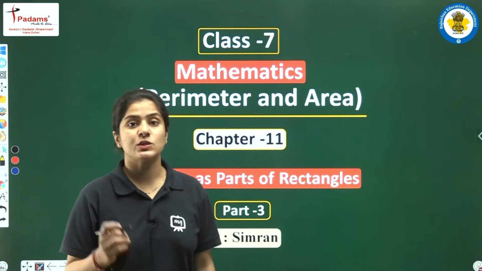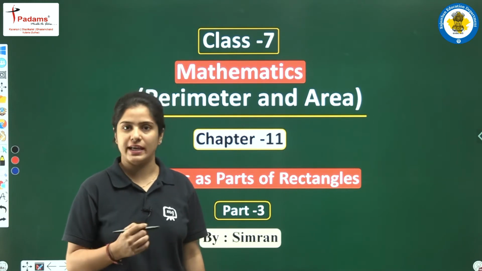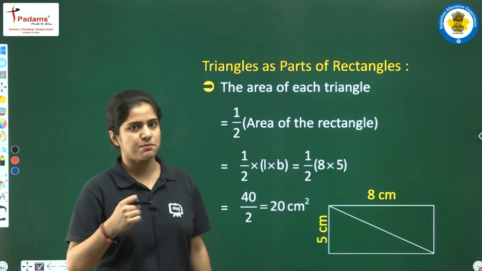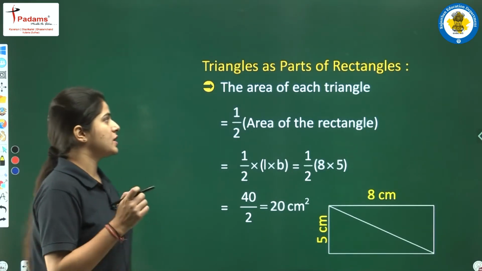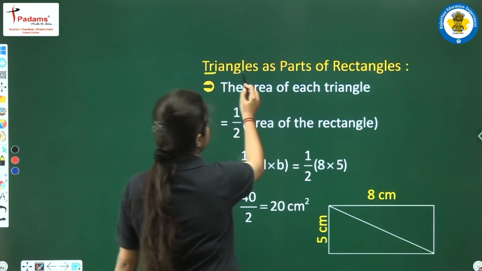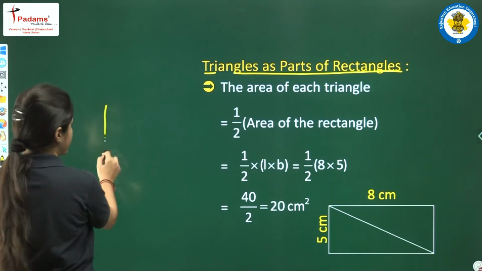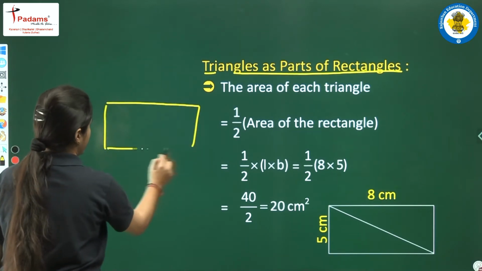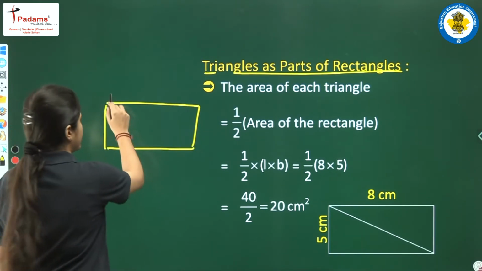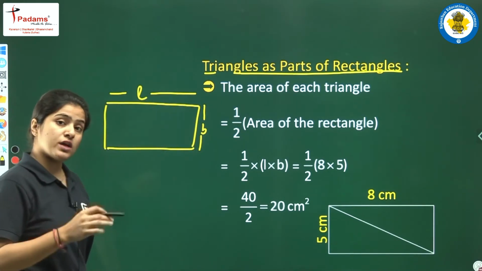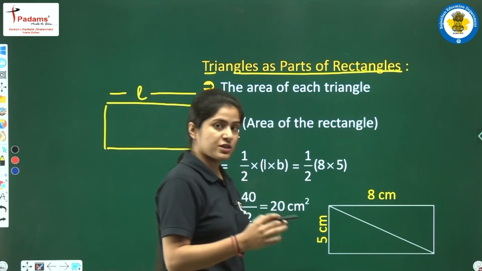Alright students, firstly we'll be talking about triangles, what if we consider a triangle as a part of a rectangle. So, triangle as a part of a rectangle. We all know this is a rectangle like this. It has four sides, this is its length and this is its breadth. So what is the triangle if it is a part of a rectangle?